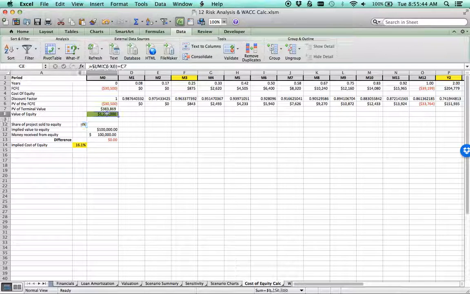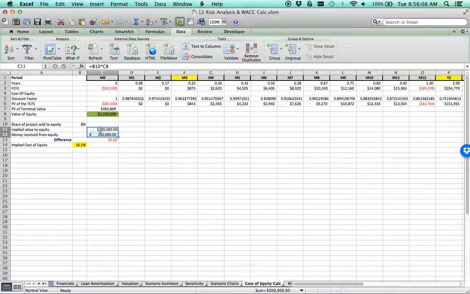And so you take this number times the percentage, and that's their implied value. That's what they would be getting as an investor. And then what you want to do is to basically say, what will they be giving me as an investor? And you want to calculate a cost of equity that makes these two values equal, right?